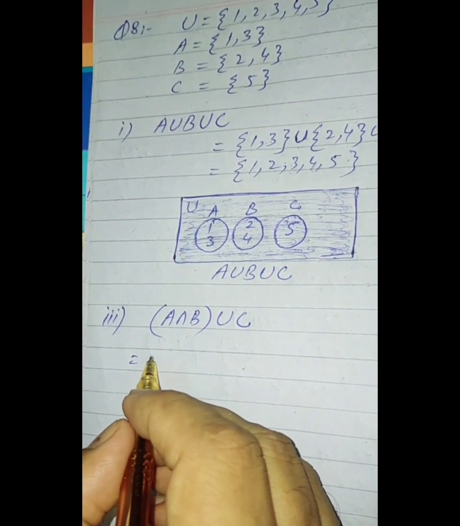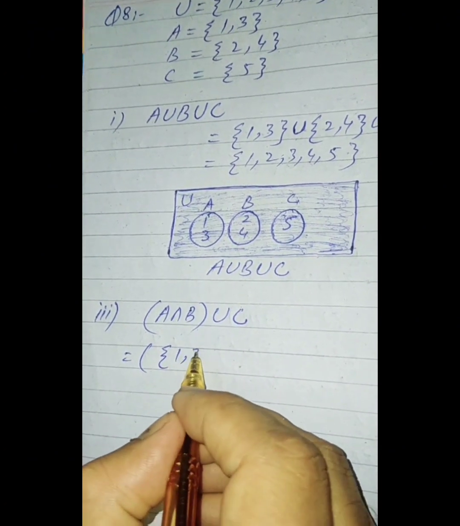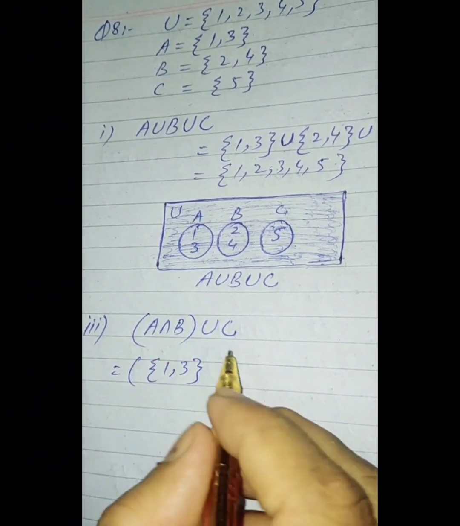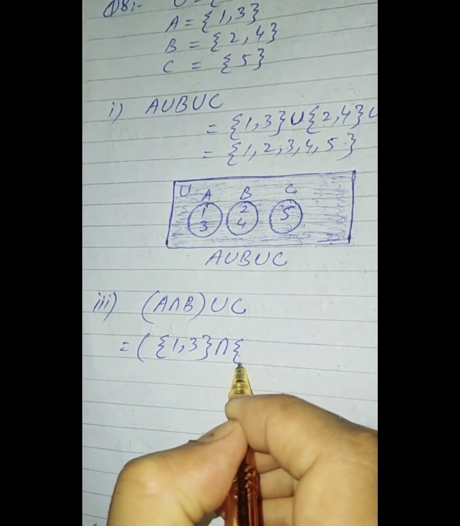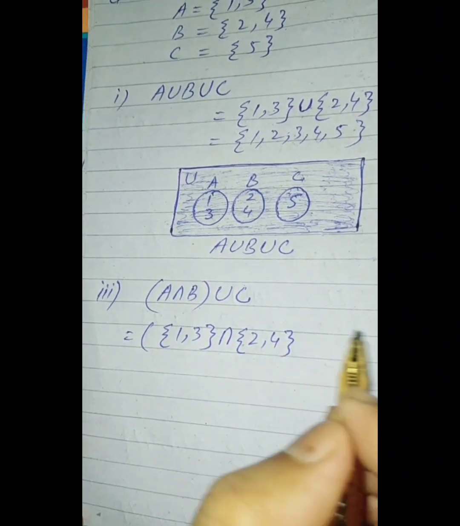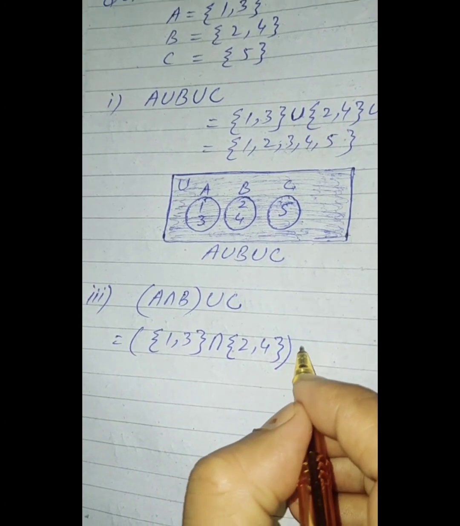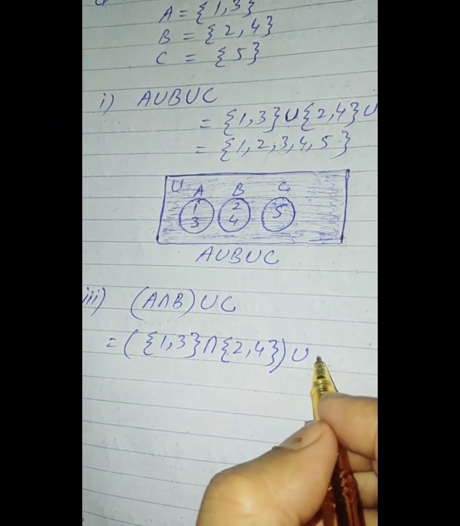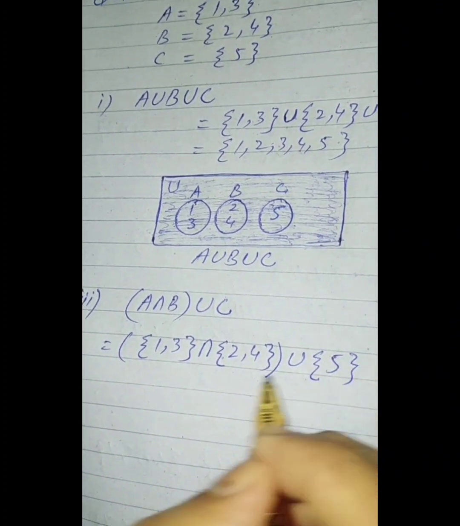Within the bracket we have set A whose members are 1, 3, then the sign of intersection, then set B whose members are 2, 4, then bracket close, then the sign of union, and then set C whose member is 5 only.